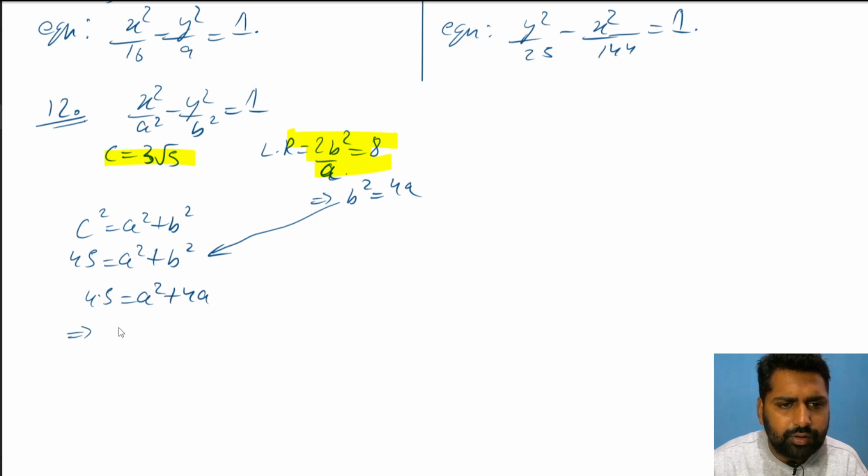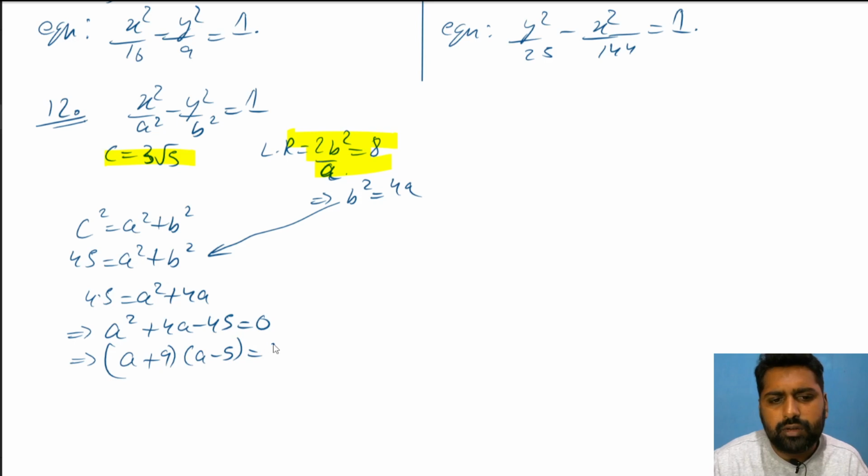Get everything on the left. You have a quadratic equation: a square plus 4a minus 45 is equal to 0. This is (a plus 9)(a minus 5). Do the middle term splitting. What do you get? a as minus 9 and 5.